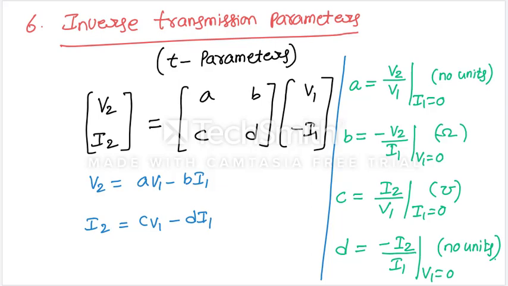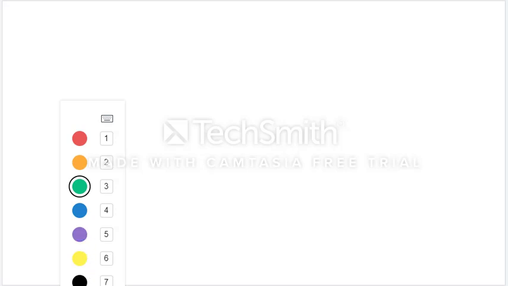For the inverse transmission parameters also, we don't have any standard network. We cannot develop the equivalent circuit here. The conditions for symmetrical and reciprocal are the same as earlier. If A is equal to D, then we call the network symmetrical.